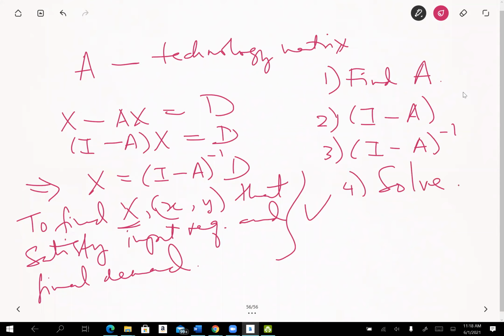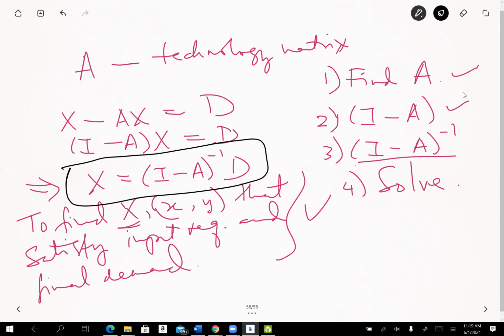So the steps involved: you find A, then I minus A, and then get the inverse of I minus A. You don't want the inverse of A. You want the inverse of I minus A, because that is the formula.